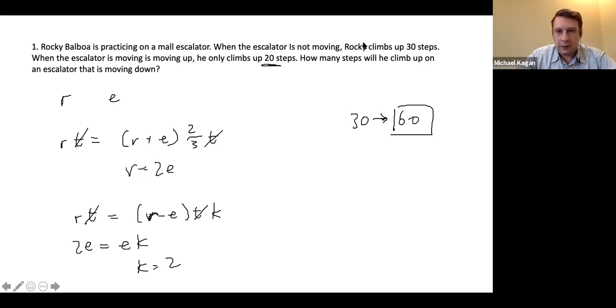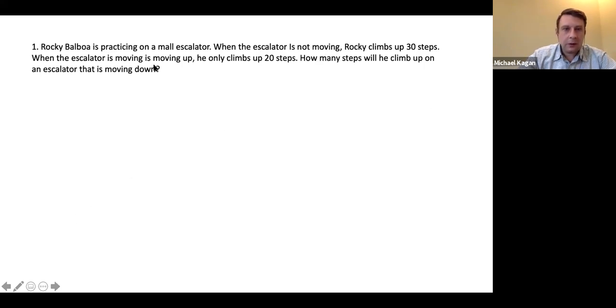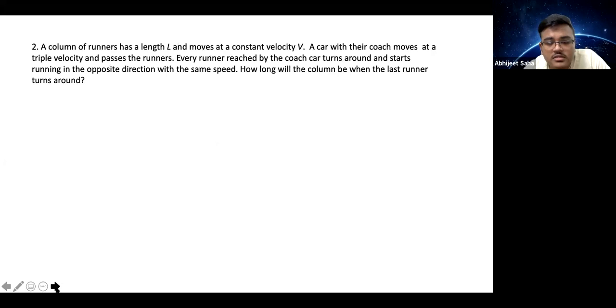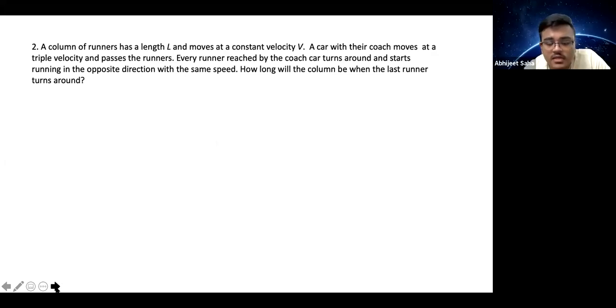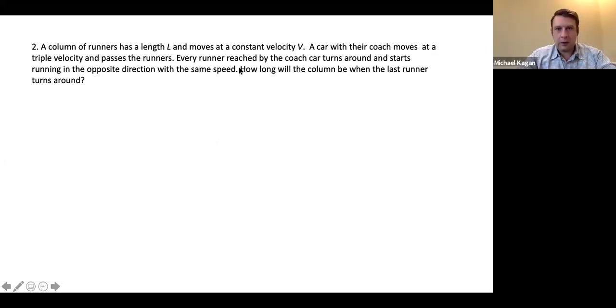Okay, let me save this as well. Let's get to the next page. Oh, I'll need to join back. I can't see the shared content. I can't see the shared screen. Let me stop sharing.